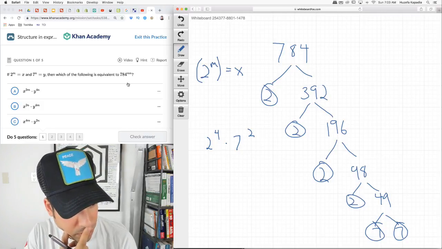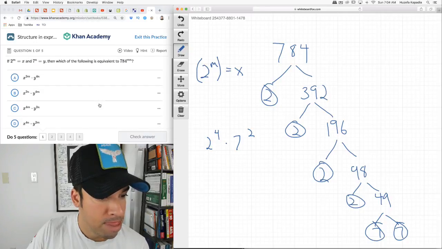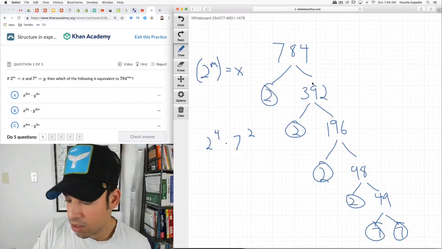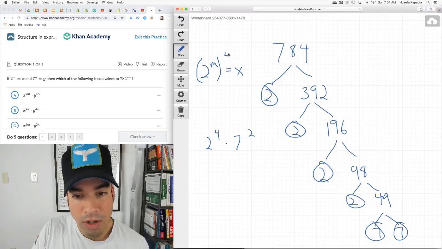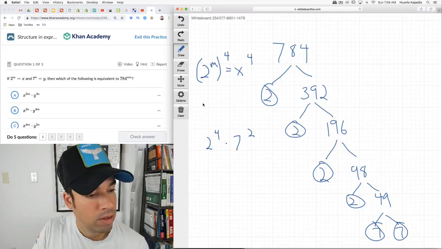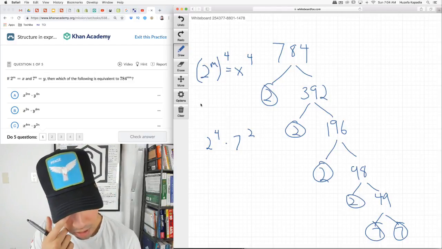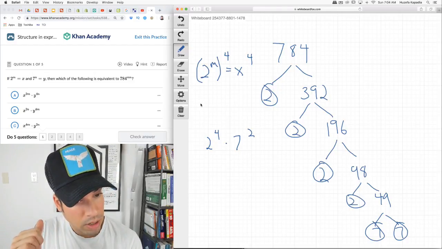That's the only weird part. I almost feel like this is a mistake, but let me keep going. So this would be x to the 4th, right? Oh, wait a minute. This is a little trickier now than I thought. Hold on. 49.